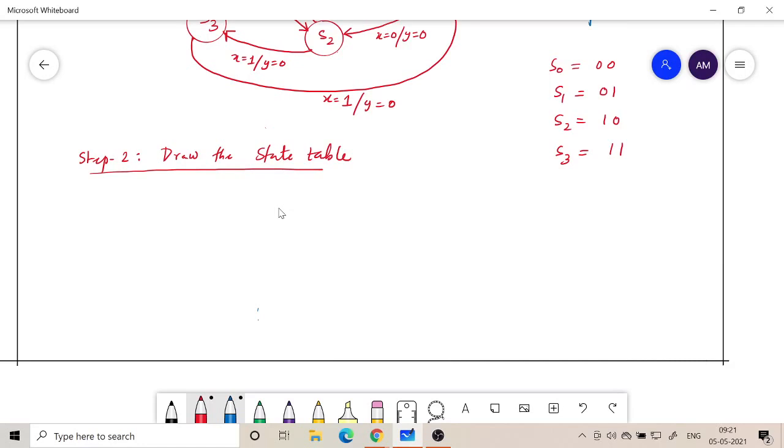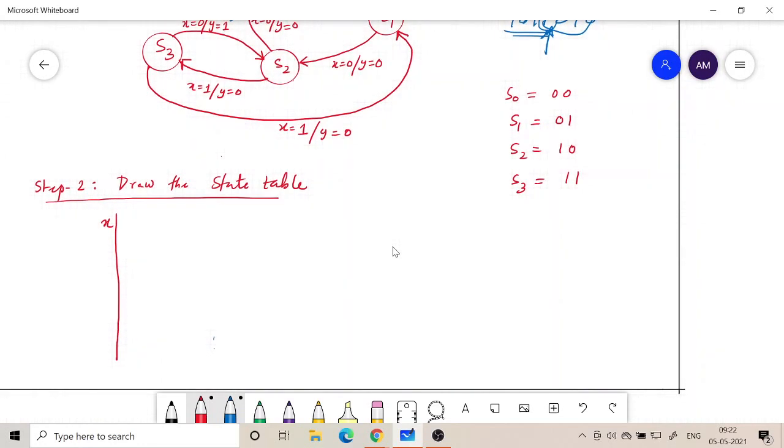Along with that, we have an external input, and depending upon the external input and the present state, the next state will change. Okay, so that's basically the idea. And therefore I will put X. Then I also need to name the flip-flops.